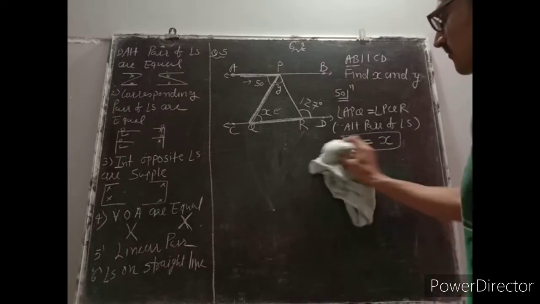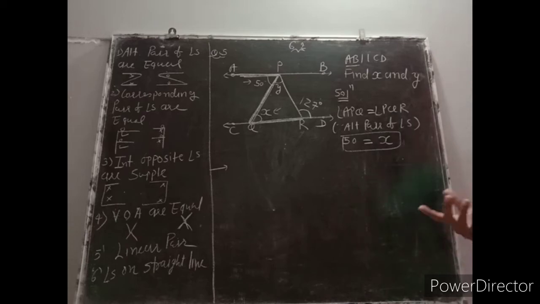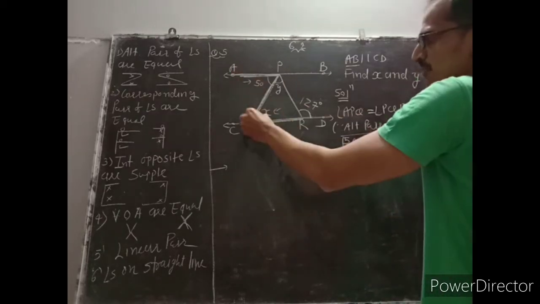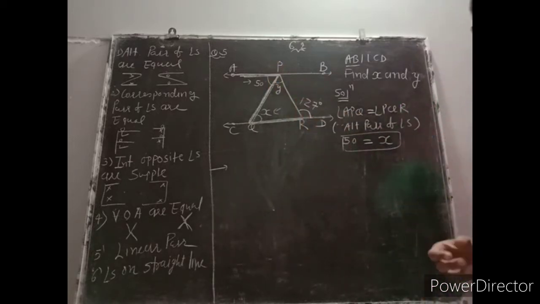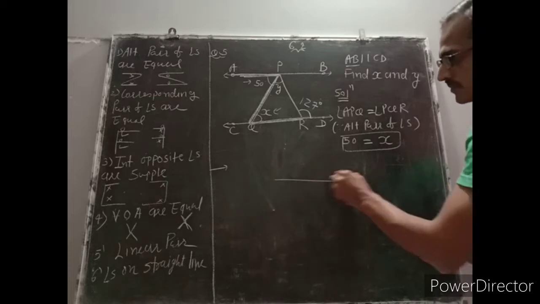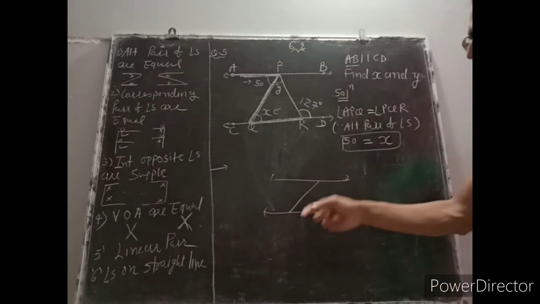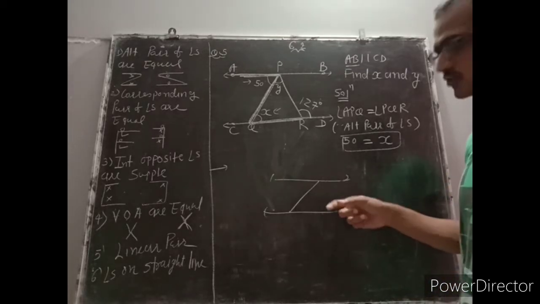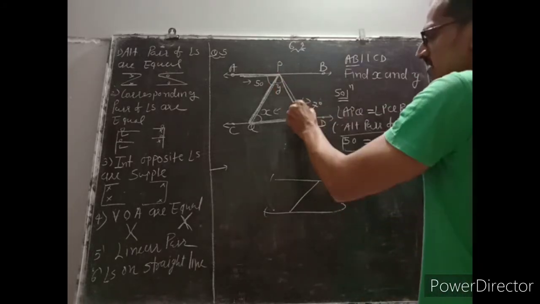Now we'll find out the value of Y. Same way we can think. Check it out. Instead of PQ, if I consider transversal PR, we know very well which one is called a transversal line. The line which joins two parallel lines is called a transversal line. So here these two lines are parallel and it is joined by this line, so it is called the transversal.